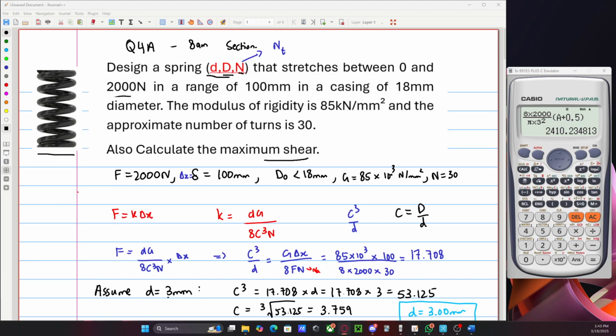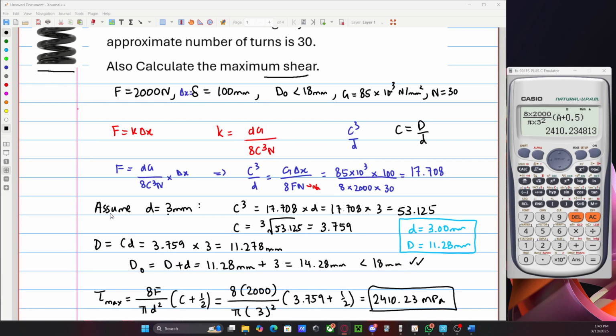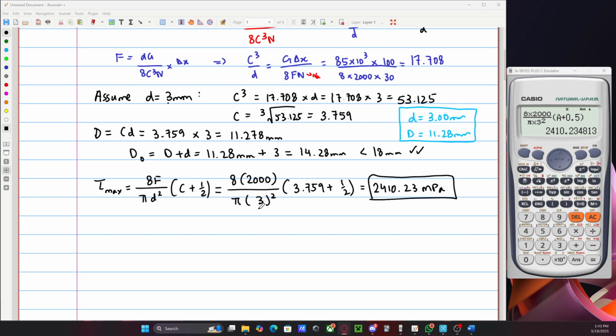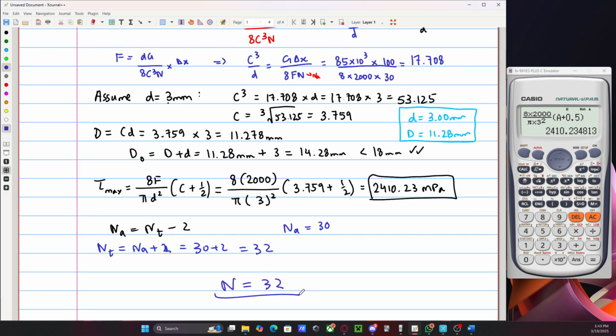This was also given in the formula sheet, but still we should know. So this is NA equals NT minus 2. Now we were given NA as approximate, which was 30. So our NT will just be NA plus 2. So that will be 30 plus 2, which is 32. So our N that we have to show is 32.